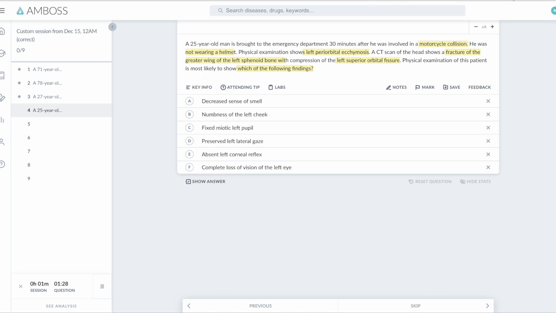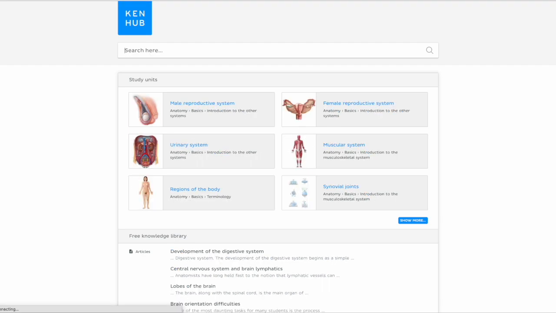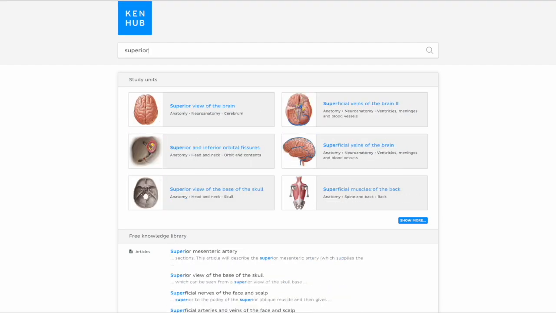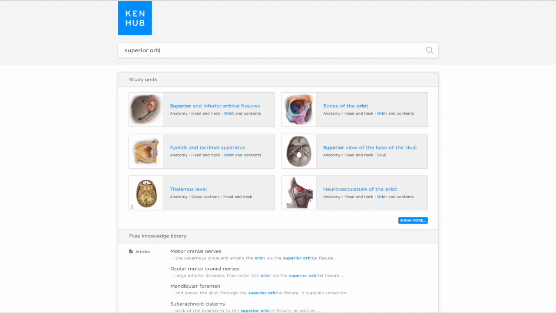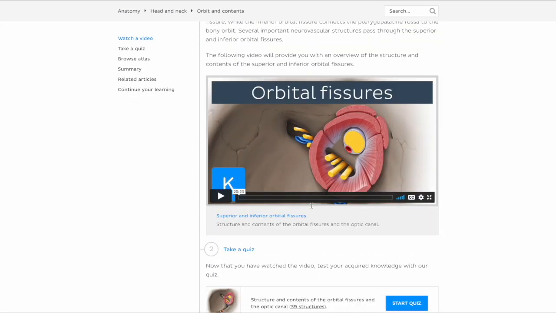So I'm going to go to Kenhub and I'm going to find out. Let's see. So for example, I'm gonna write down here, guys, the superior orbital fissure. Here he's showing you the superior and inferior orbital fissure, and he's showing you the contents.